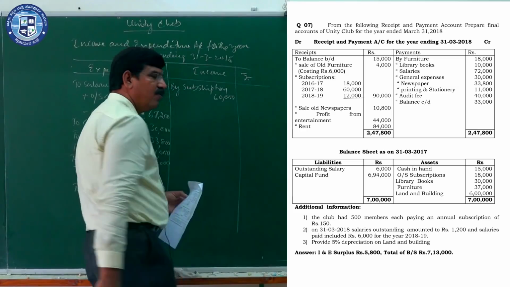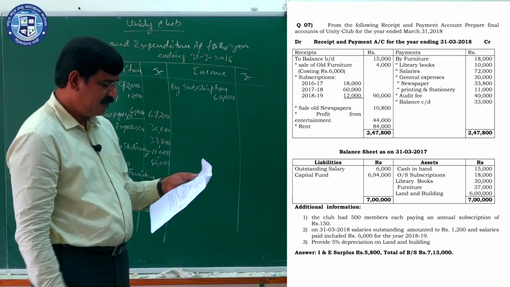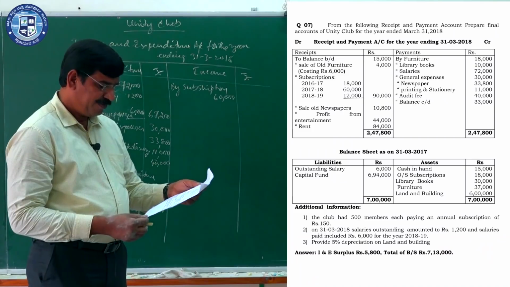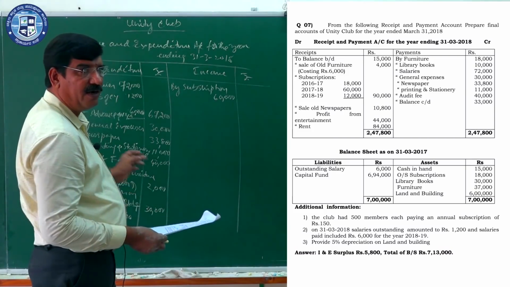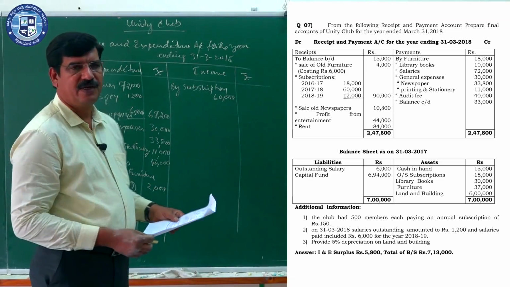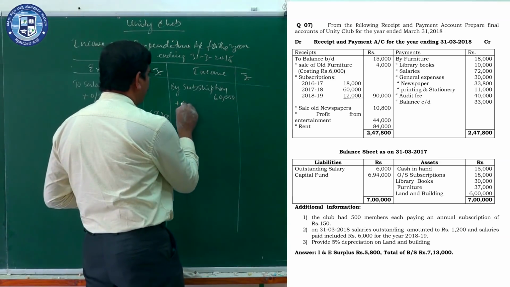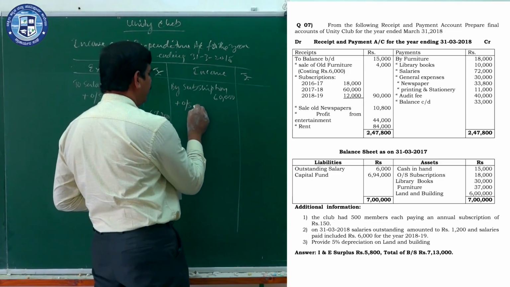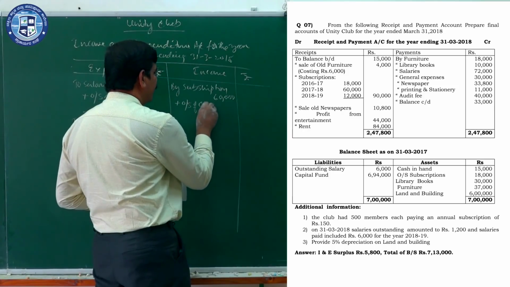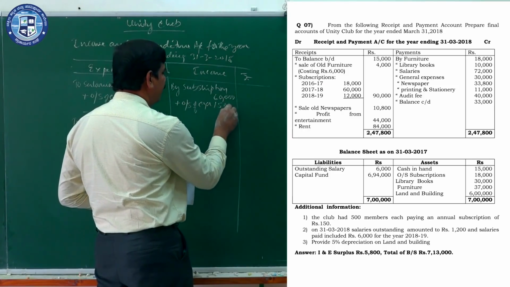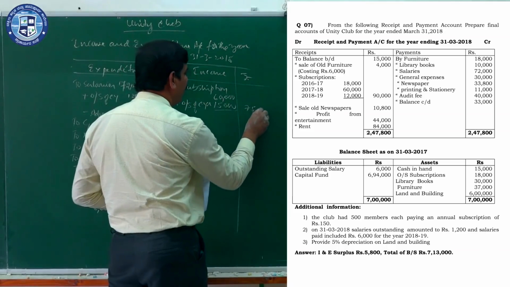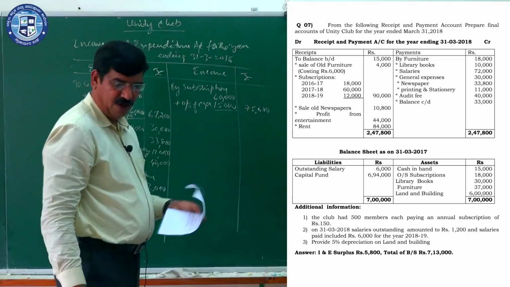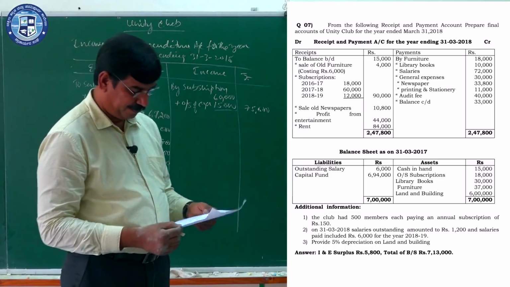We have to consider only the amount relating to 2017 and 18. And as I have explained in the working note, 15,000 of subscription is outstanding. So, outstanding of current year 15,000. So, in the outer column 75,000 we have to write.